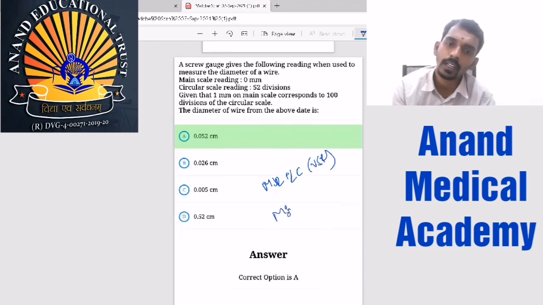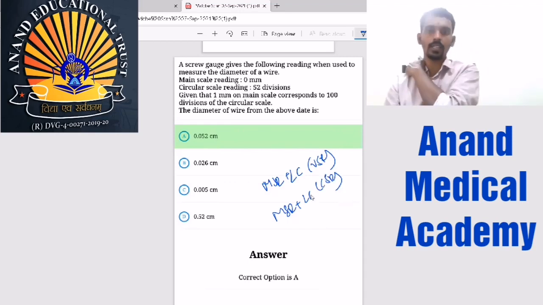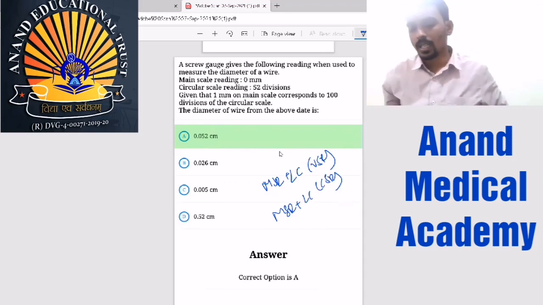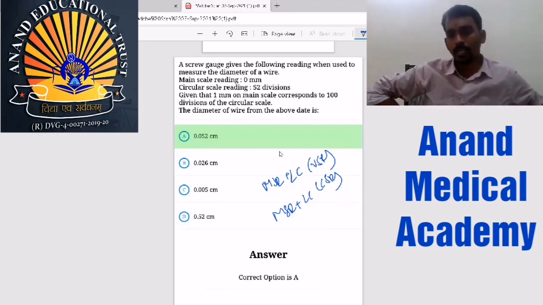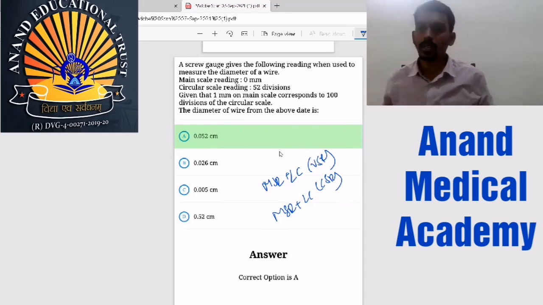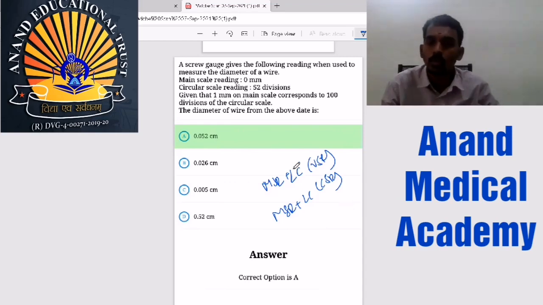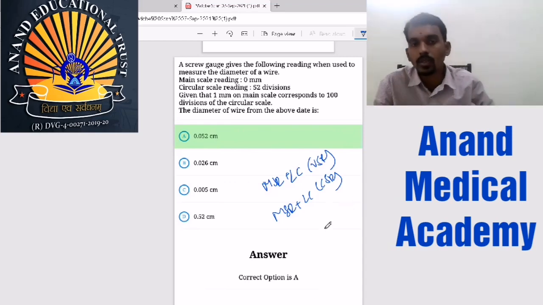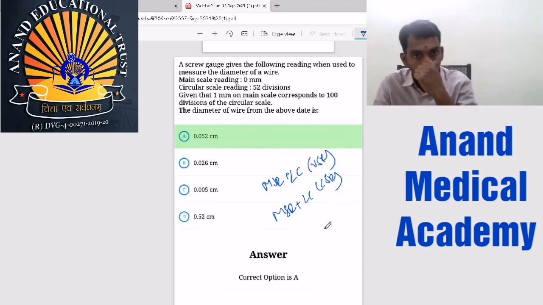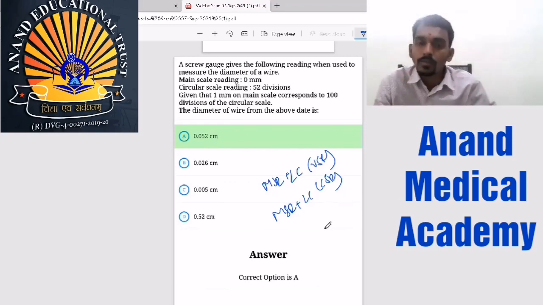In case of screw gauge, main scale reading plus least count into circular scale reading. The least count is different, because in vernier calipers 1 millimeter is divided into 10 parts, but in screw gauge 1 millimeter is divided into 100 parts. So the least count is 1 by 10 for vernier calipers, 1 by 100 for screw gauge.